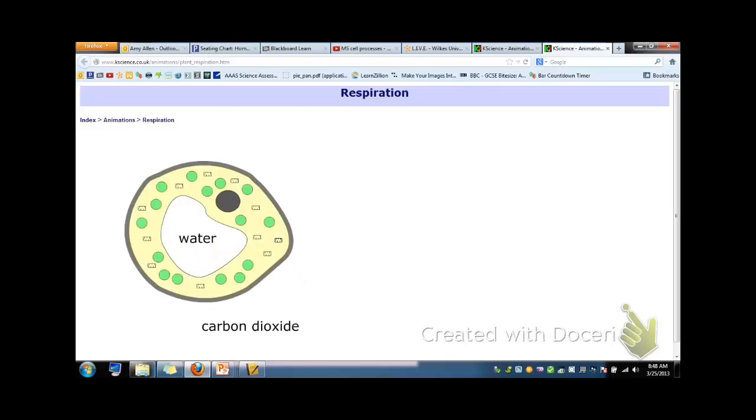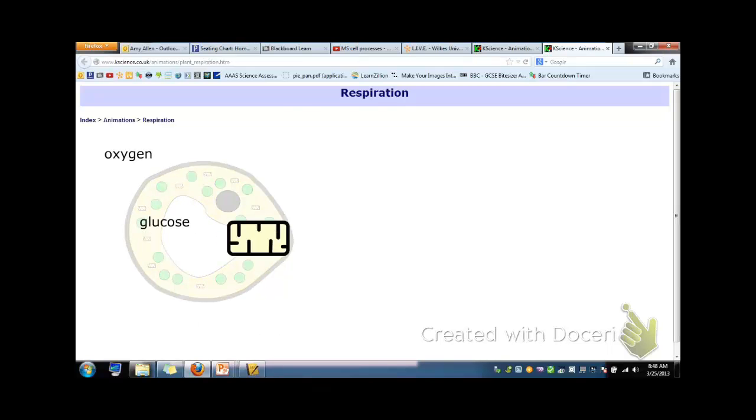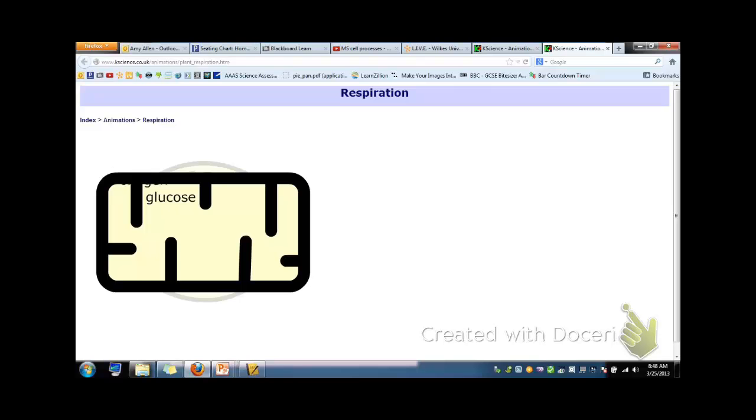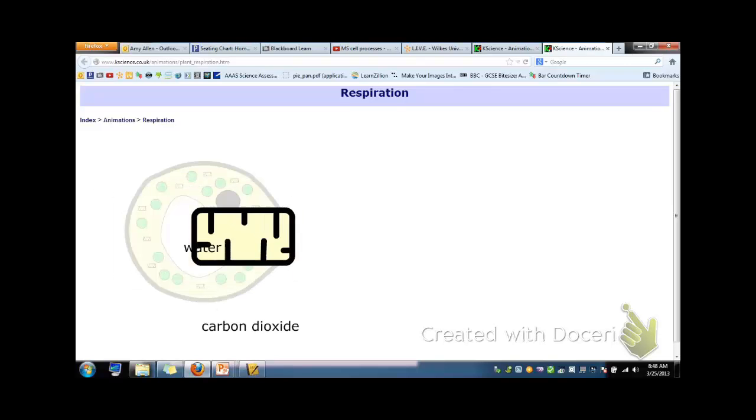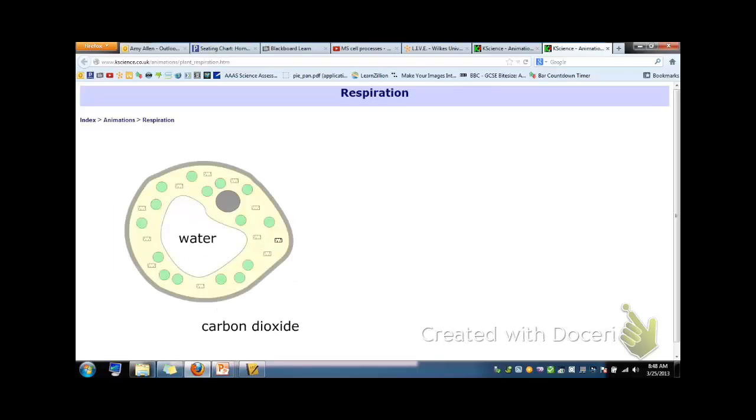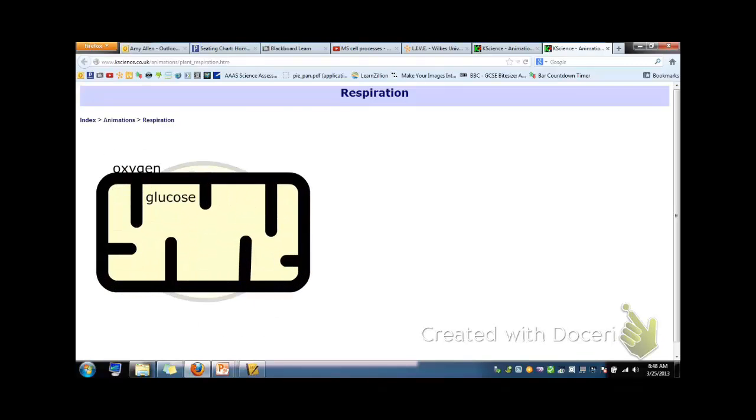Make sense? What's missing from the animation? Emily? Energy? Yes, in the form of a molecule called ATP. It does not show that these two actually make a molecule called ATP, which is kind of silly since that's the most important part. All right, moving on.